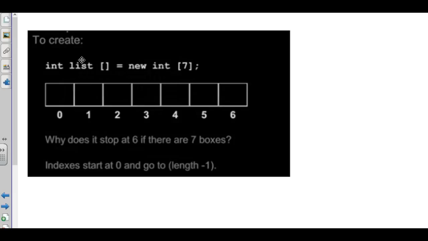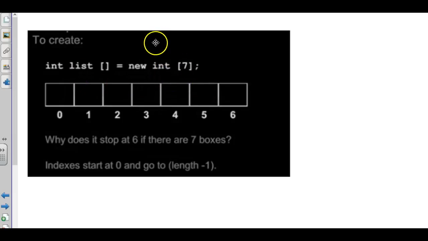They made it so you could put the brackets either before the variable name or after the variable name. It still works. It doesn't make a difference. So you could do int bracket list or int list bracket. Both work just fine. No difference. Again, it was because they decided sometimes people switch them, so let's make it easy, make both work.